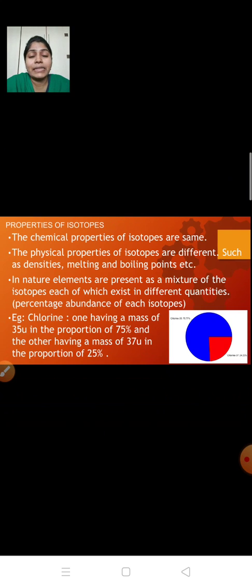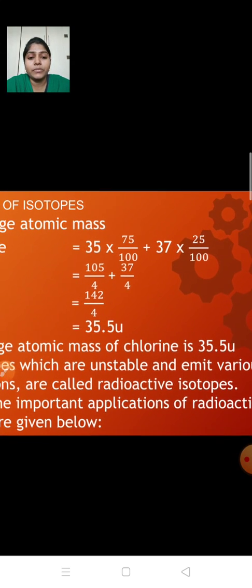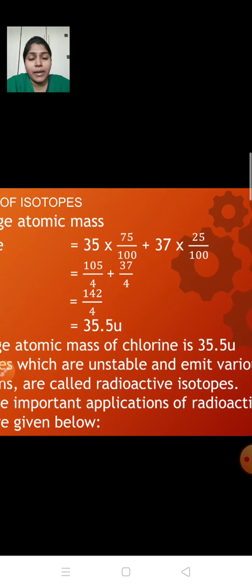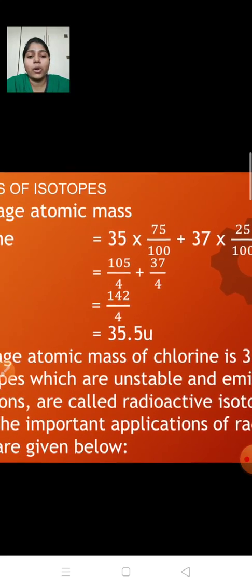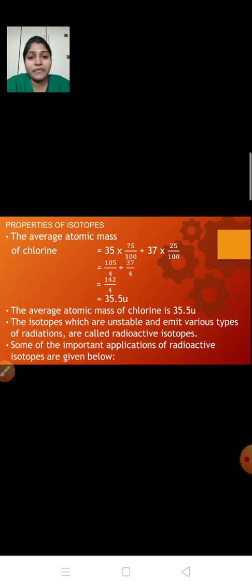If I want to find the average atomic mass of chlorine, how will I do that? So 35 is the mass, into 75 upon 100, that is the percentage abundance, how much is present in nature. Same, 37 into 25 upon 100. So when we calculate, we get the atomic mass of chlorine as 35.5 units.